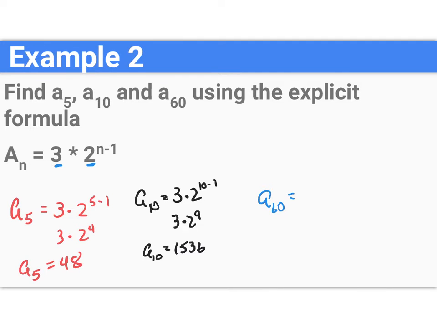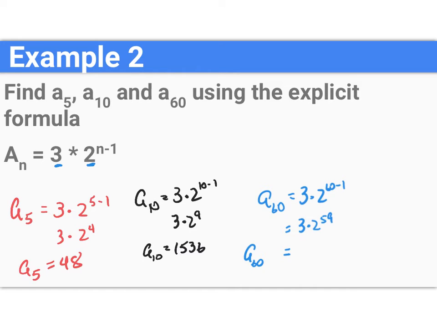So A60 is 3 times 2 to the 60 minus 1, which is 3 times 2 to the 59th. In our TI-84, we put 3 times 2 caret 59, hit enter, and we get a big number.